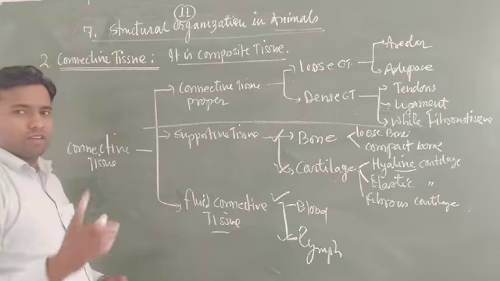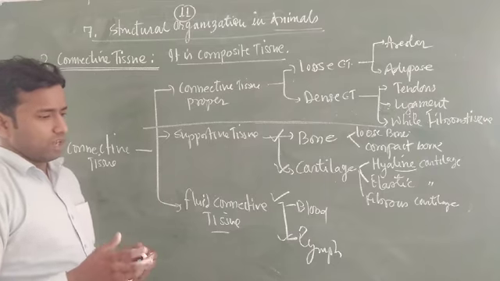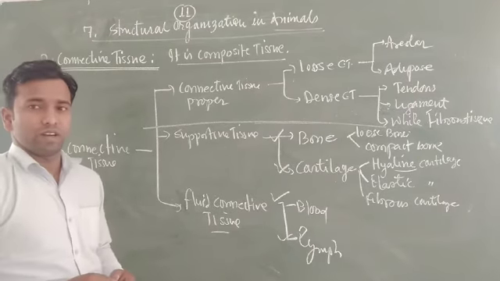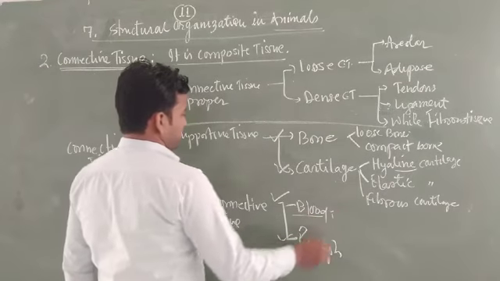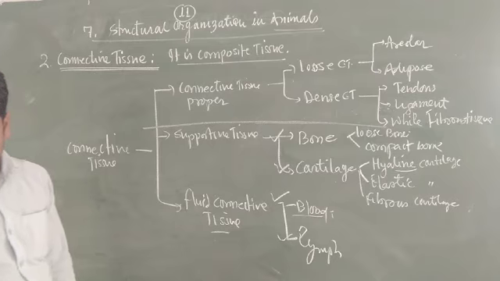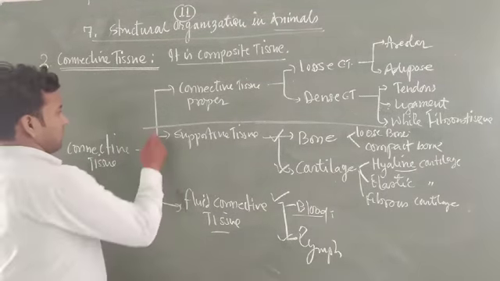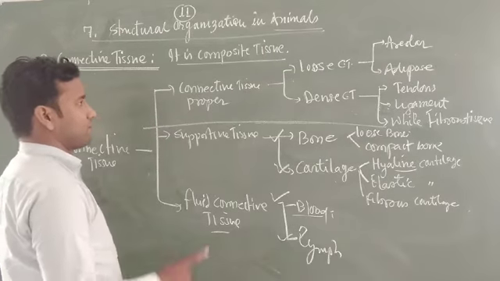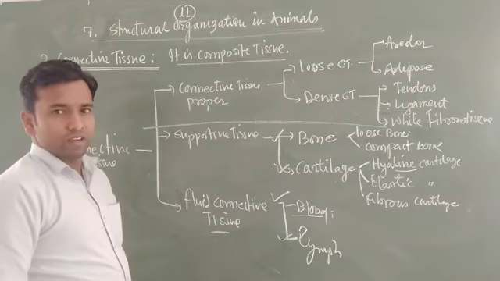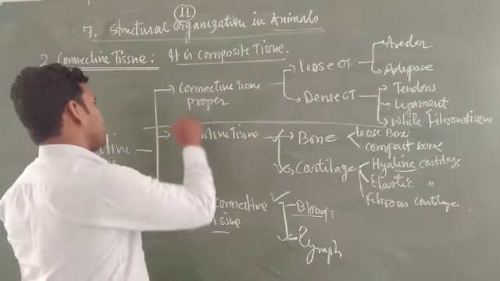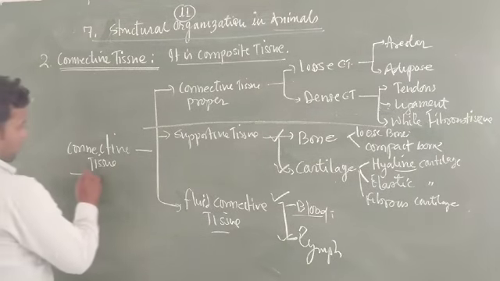At the time of detailed discussion we will cover how bone contracts and relaxes with the help of muscle, what cartilage is and its work, how different blood cells are involved in different functions, and what lymph is. In this chapter it is discussed in short, but in later chapters on human physiology it will be discussed in detail. Now students, first we are talking about the connective tissues.